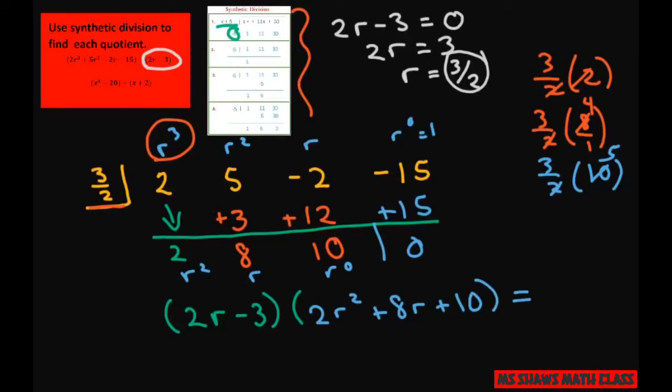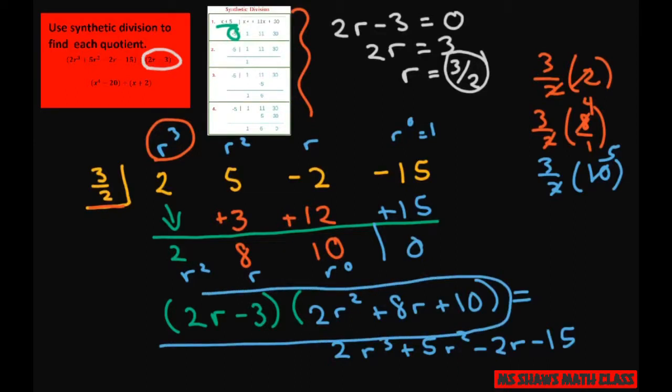And that should give you your dividend of 2r cubed plus 5r squared minus 2r minus 15. All right, so this is basically what you would do. It depends on the question they're asking. If they're just asking for the quotient, then you would just write this piece right here.